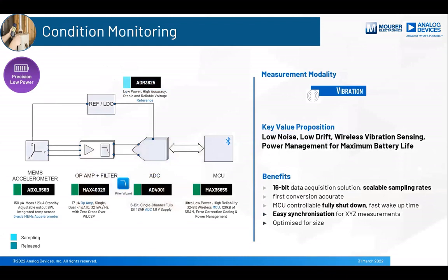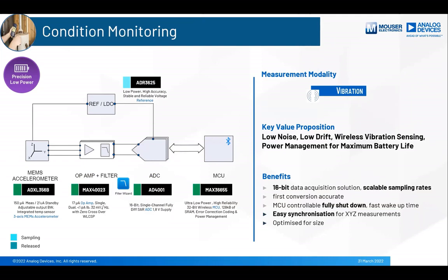If we look again through the low power lens, we have brought together a low power signal chain starting point that offers low noise, low drift, can be applicable to wireless vibration sensing, and has power management optimization for maximum battery lifetime.